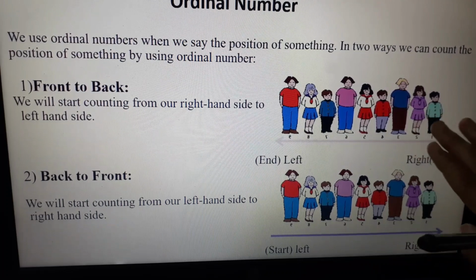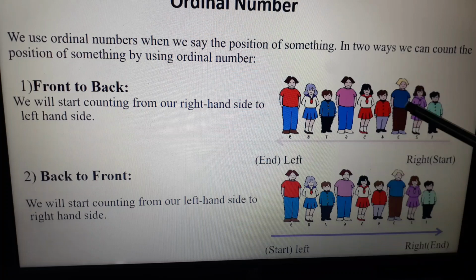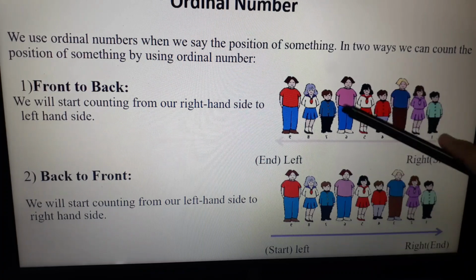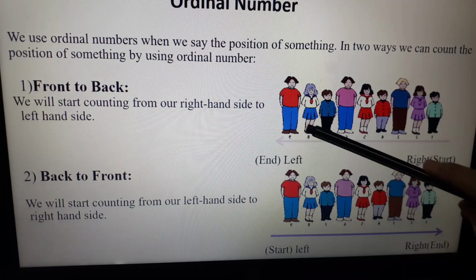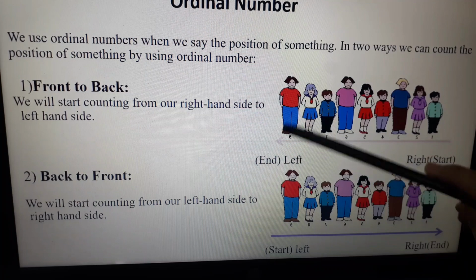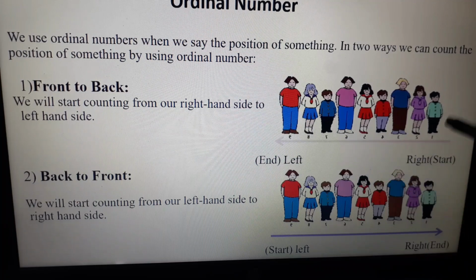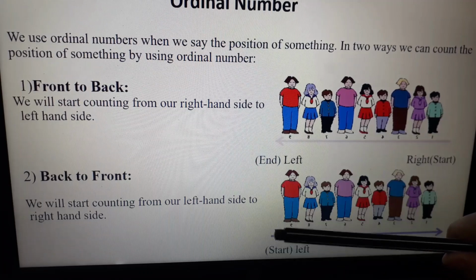So Tasin is in the first position and Samaira is in the second position. Third, fourth, fifth, sixth, seventh, eighth, ninth. Who is in the eighth position? Ramisa is in the eighth position. And the last one, Zaim, is in the ninth position. This is front to back counting of ordinal numbers.